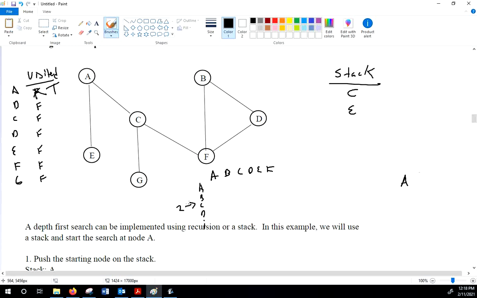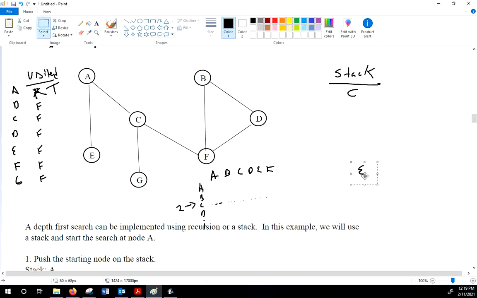Then when I pop it off, I go to that row and I look through that row in the matrix to find something that's non-zero. And when I find it, I push that column number onto the stack if I haven't visited it. But we'll worry about that more later. Let's just get the idea down. Okay, so now that I'm done with A, I pop off the stack.